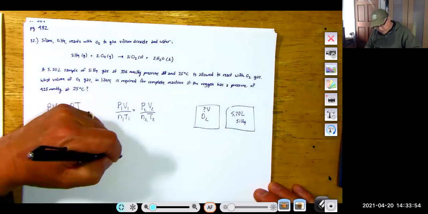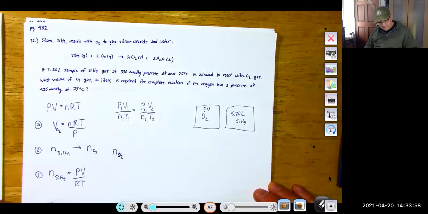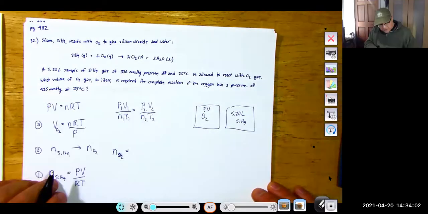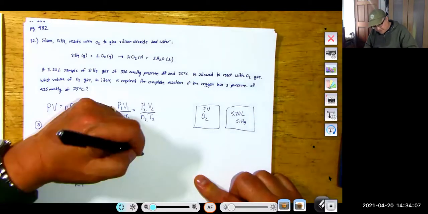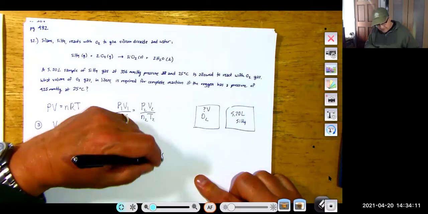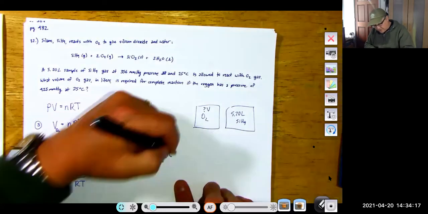Actually, I'm going to put moles of O2. I'm going to put that as equal to, what is the pressure of silane? 356 millimeters of mercury. And the volume, 5.20 liters.